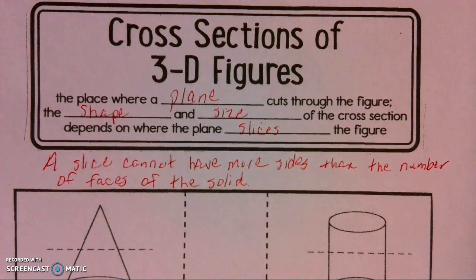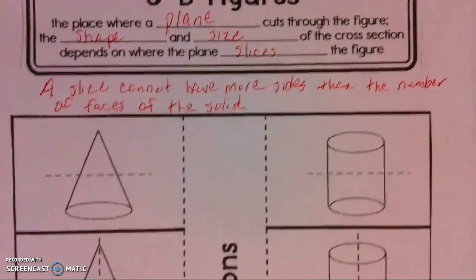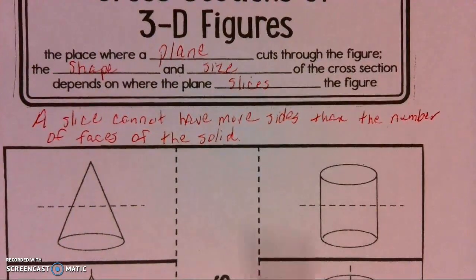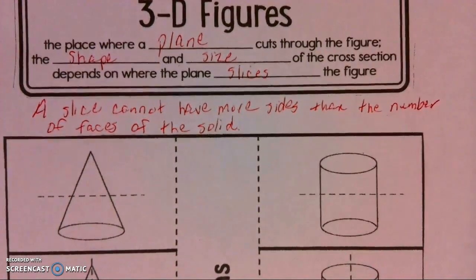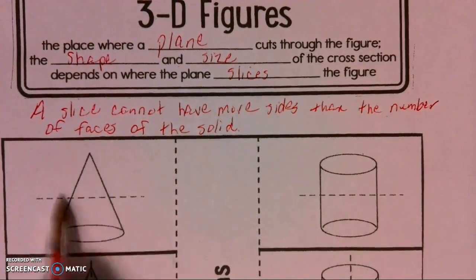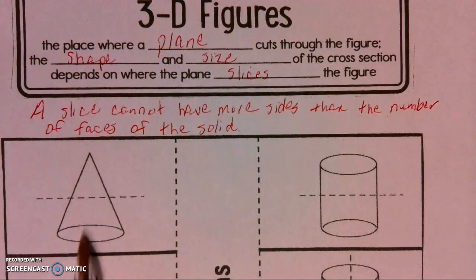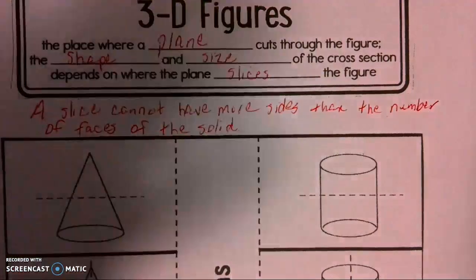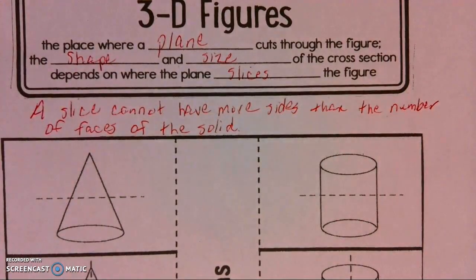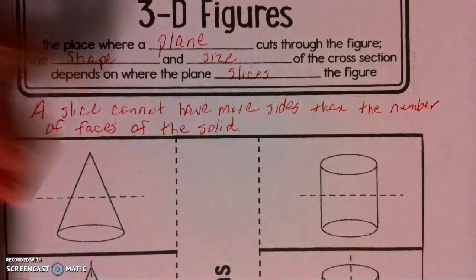So let's take a look at some examples. The first two examples we're going to look at are a cone and a cylinder. Now I want you to notice that this dotted line is going to be my plane, and notice that it's parallel to the base. Anytime I slice a figure parallel to the base, that cross section, if I look at the two-dimensional shape, is going to be the base.